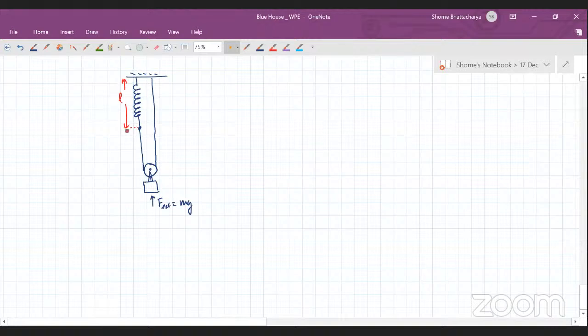And let us say this was some length L1, and this is length L2. So the thread length L is equal to L1 plus L2. And the natural length of the spring is L.